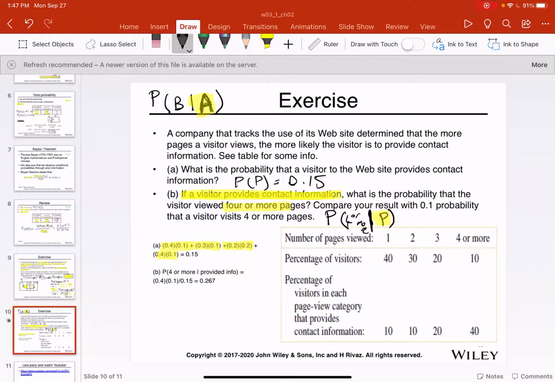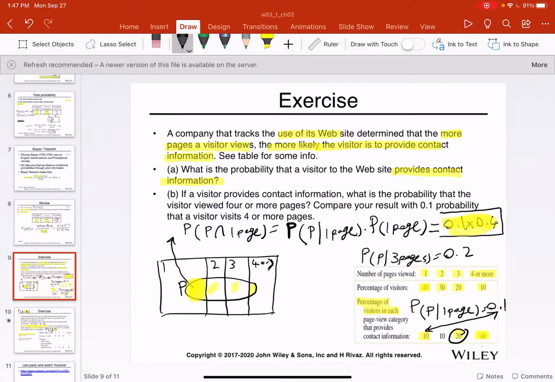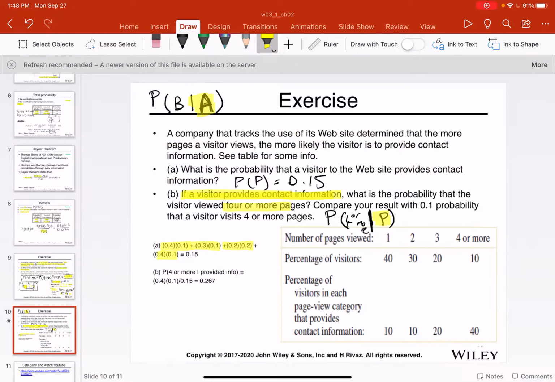Right? So from the stuff we wrote here, we see that we have the other way around, right? For example, we have probability of providing information given that the visitor views 3 pages, right? Now this question wants the other way around, right? It's flipping the order, right? And because of that, we have to use the Bayes Theorem, right?